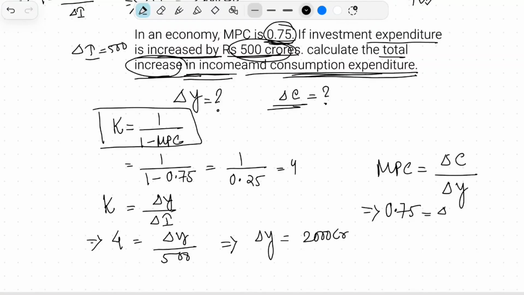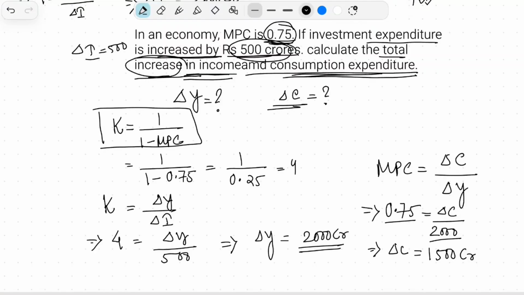Change in consumption remains as it is, and change in income is 2000. So as per the formula, MPC is equal to 0.75, change in Y is 2000. So change in consumption is 1500 CR.